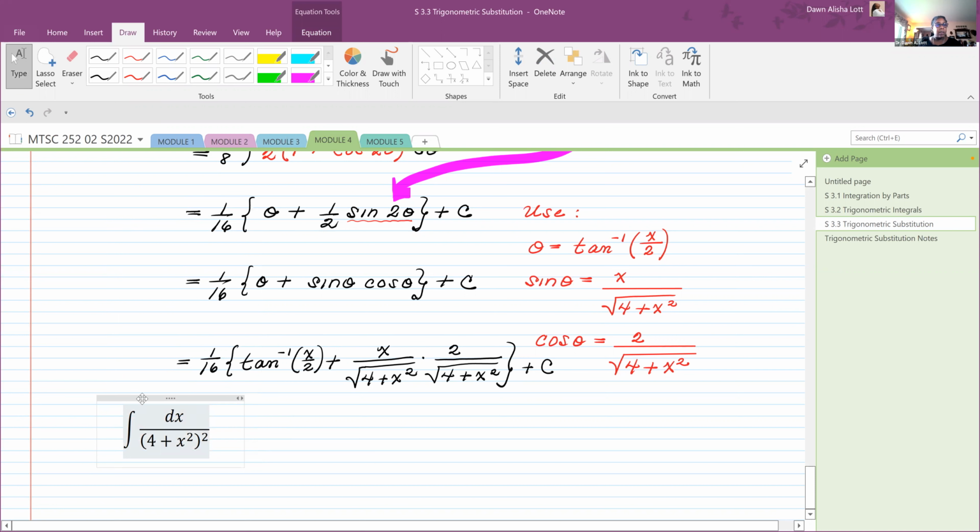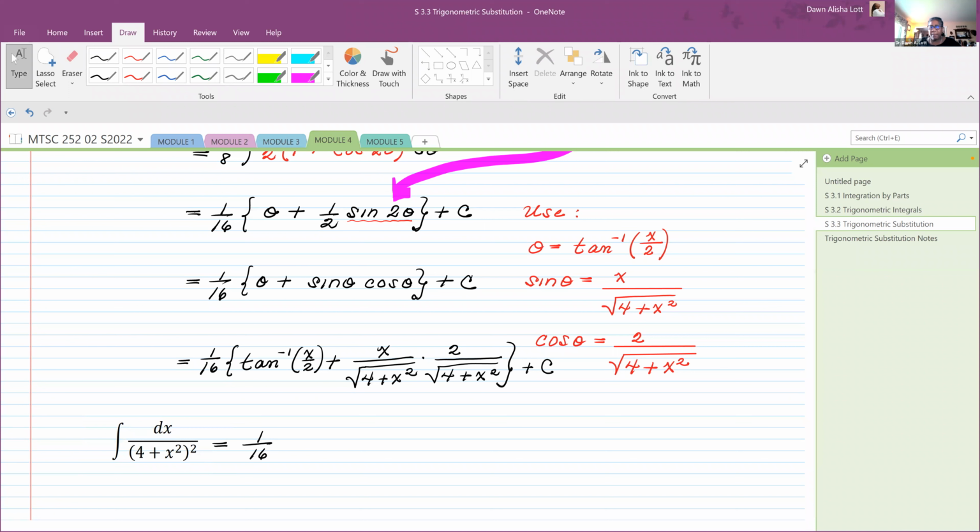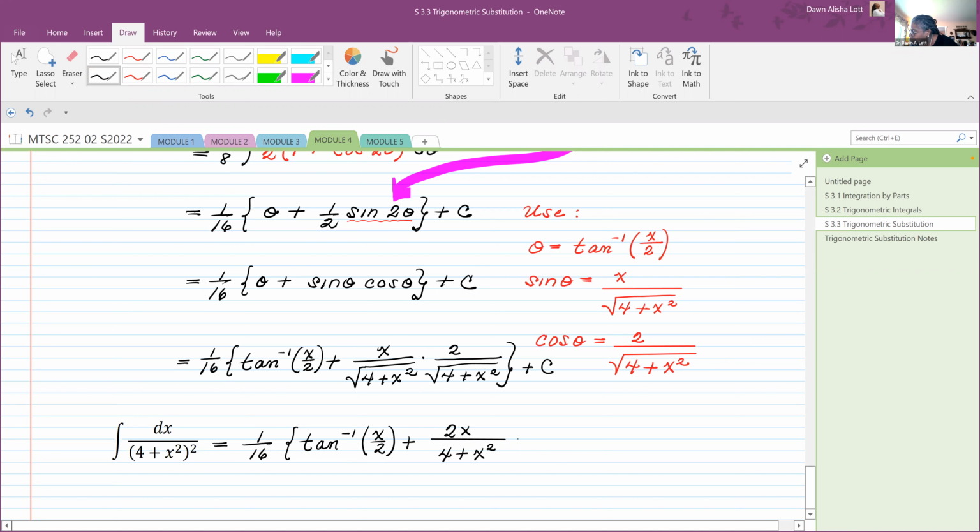This is equal to 1 over 16 tan inverse of x over 2 plus 2x over 4 plus x squared plus a constant. That's the answer to the problem. And I'm done.